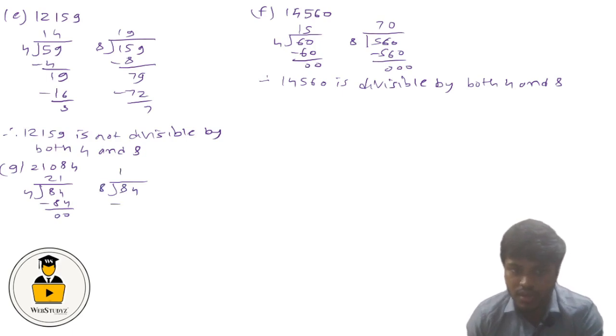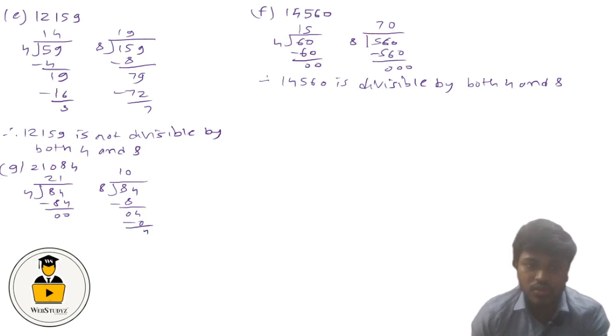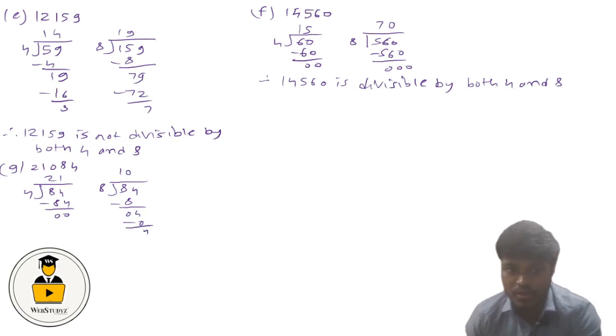Now 8 ones are 8, 0, 4. Now 8 zeros are 0, so we are left with 4. So we can say that the number 21,084 is divisible by 4 but not divisible by 8.